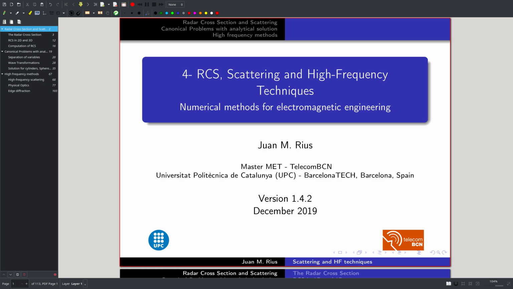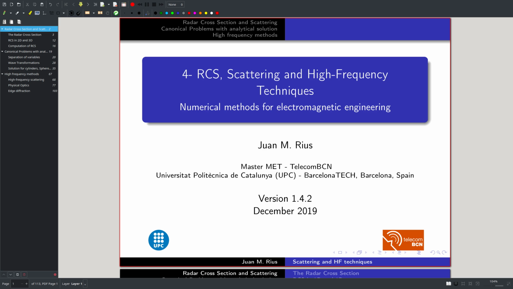And the third part is dedicated to high frequency approximations, that are approximate methods that can be applied when the object is very large compared to the wavelength and it is not possible to analyze it using numerical methods due to the very large number of resulting unknowns.